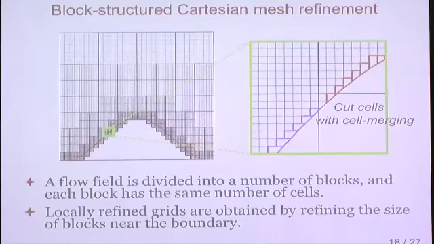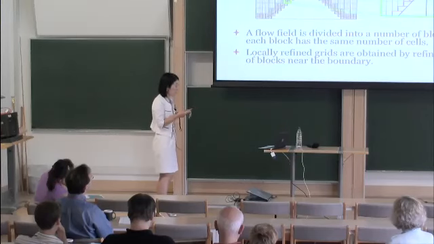In this case, there are 4 different sizes of blocks here, but each block has 8 times 8 cells, regardless of the size of the block. Therefore, the local computational resolution is determined by the size of the block, so that locally refined grids at arbitrary boundaries can be obtained by refining the size of the block near the boundary.